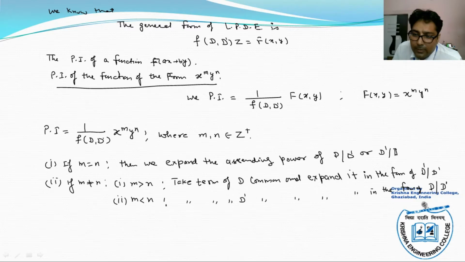Clear? This is the full short note. Clear?